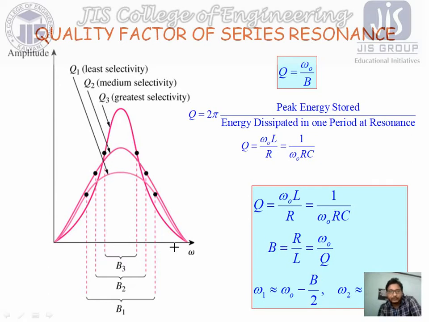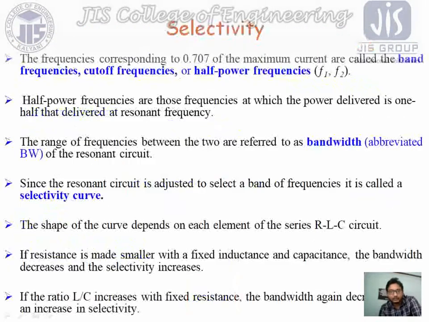So if we change the value of the resistance, the pattern of this graph also changes. Similarly, if we change the L by C ratio, then our bandwidth changes, and as a result the selectivity also changes.